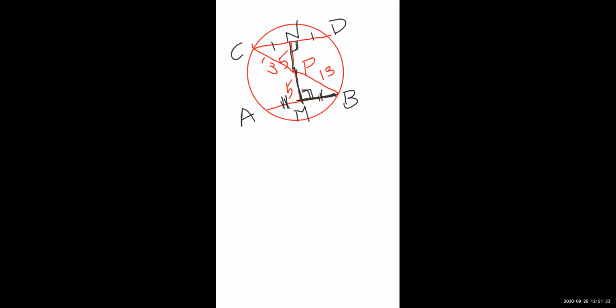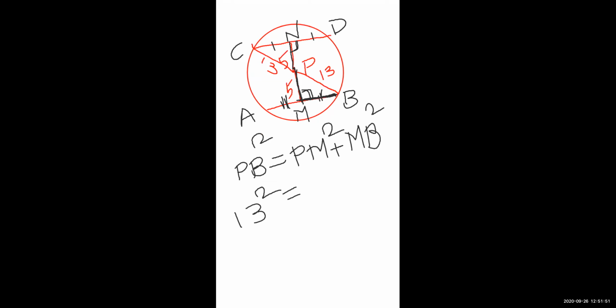Okay. Now, how will you find it out? By using the Pythagoras theorem. So PB, the hypotenuse, squared is equal to side 1 squared, that is PM squared, plus side 2 squared, that is MB squared. So PB is 13 squared, PM is 5 squared, and MB we have to find out. Keep it on one side and take the other numbers to the other side.